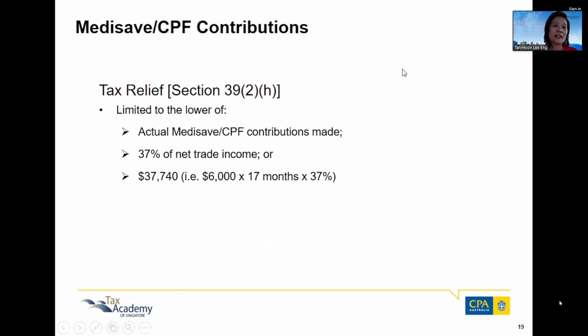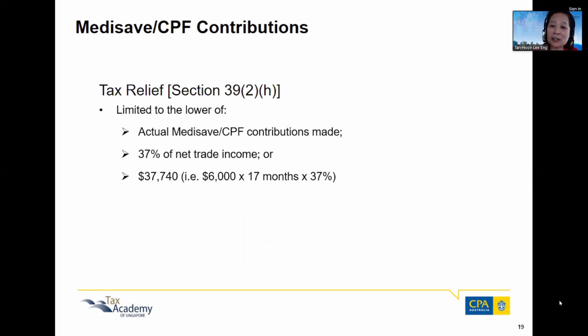Okay, then talk about relief, because he needs to contribute to MediSave. So a self-employed person can also claim CPF relief. What is the quantum? How much are we going to allow as tax relief? Okay, the three figures are important. You need to have an actual MediSave contribution in order to be allowed the relief.